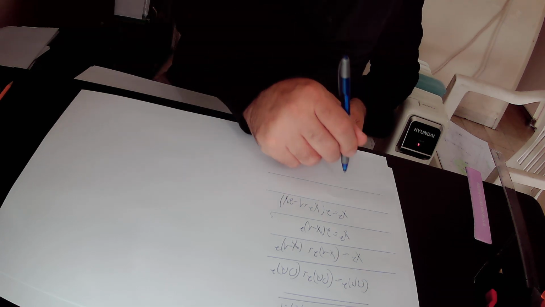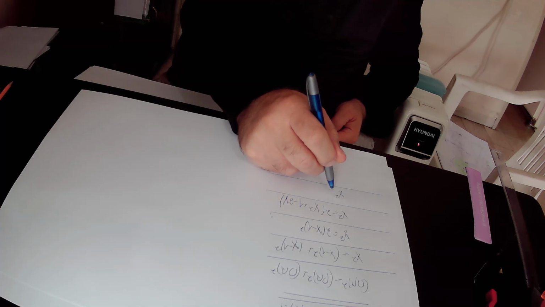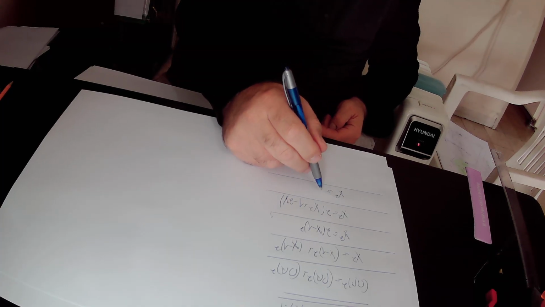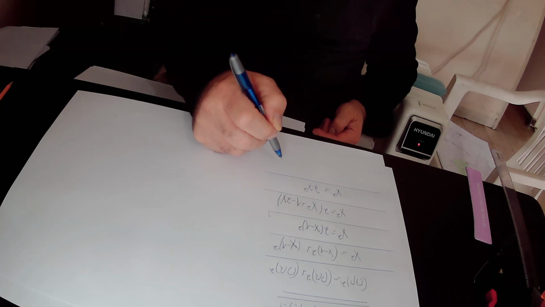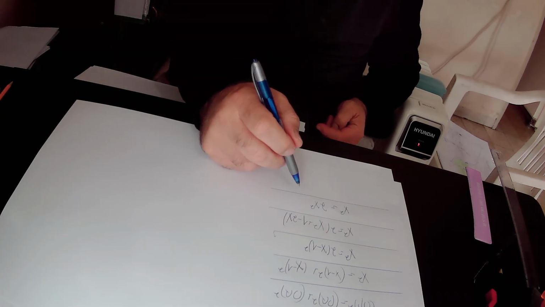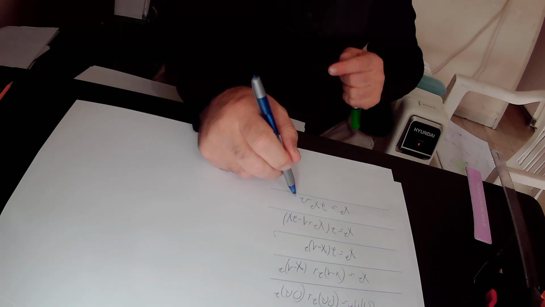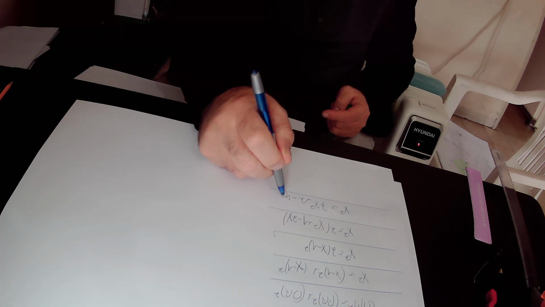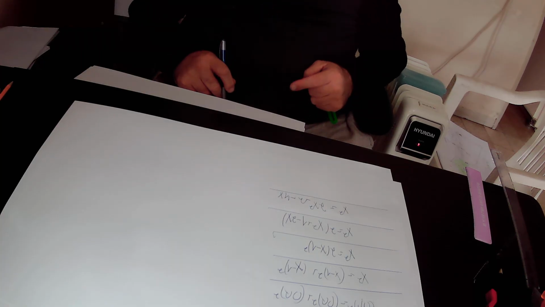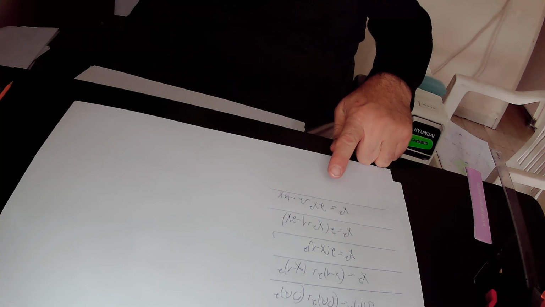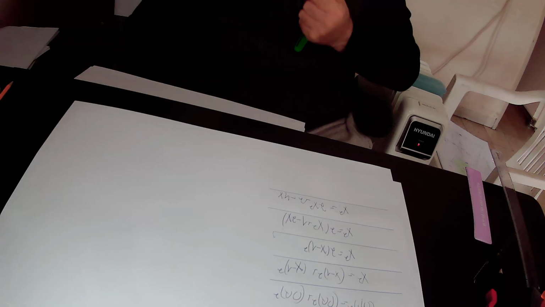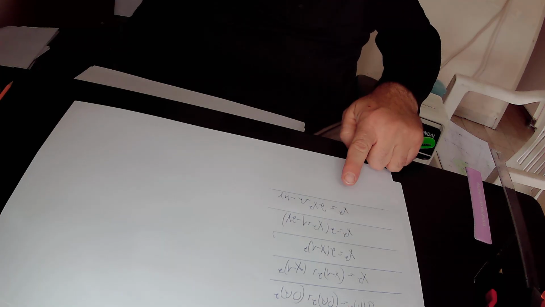We'll open the brackets here: 2 times x squared, 2 times 1 is 2, and 2 times minus 2x is minus 4x. So x squared equals 2x squared plus 2 minus 4x. Here we subtract x squared from this equation.